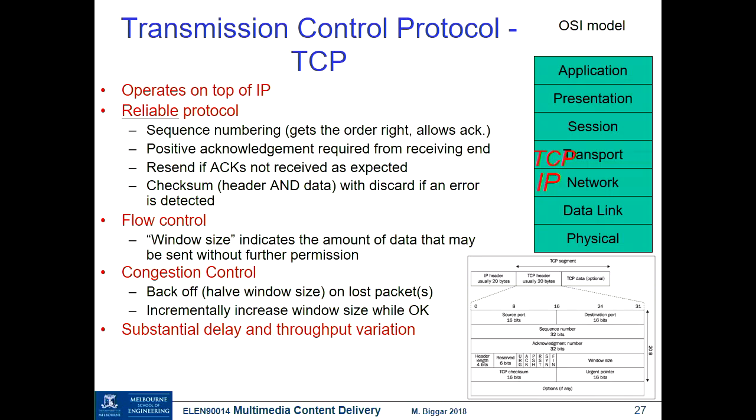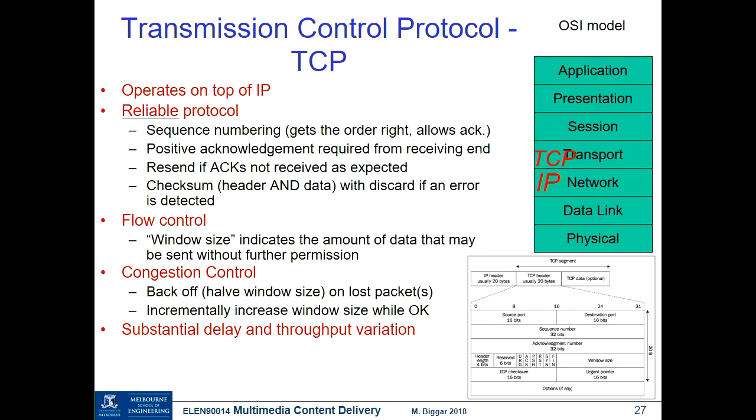And there's a congestion control mechanism in that if packets are lost, then the window size, the number of bytes that are sent without acknowledgement, halves, and then builds up again while reception seems to be okay. And then if there's a lost packet again, it'll drop back.